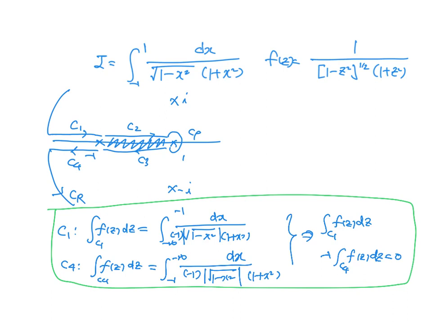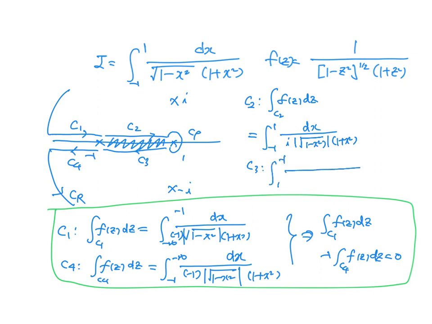On C2, we have i, right? We have i dx, and C3 is 1 to minus 1 dx minus i over 1 plus x squared.